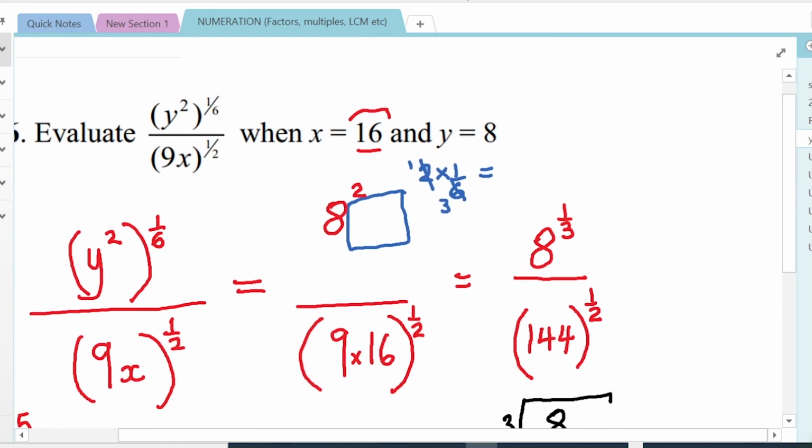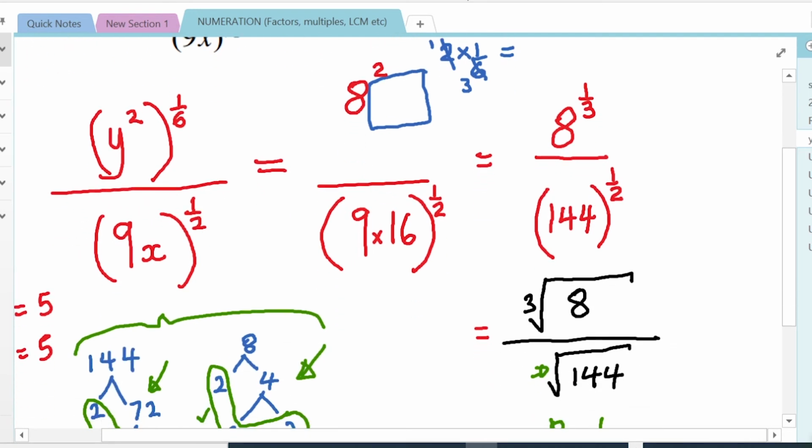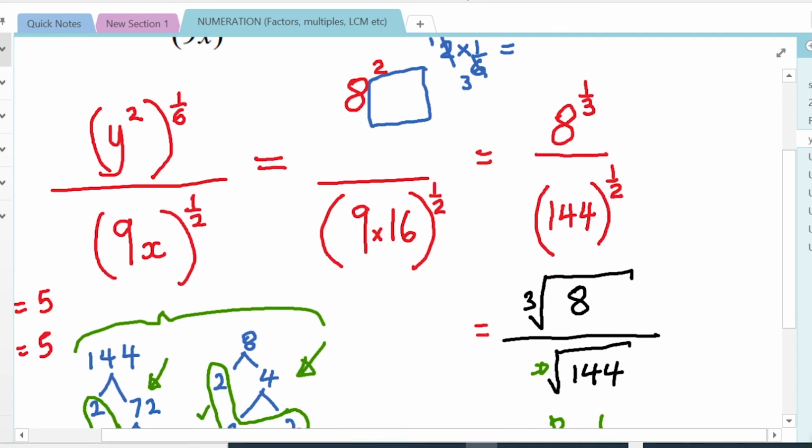So again, to be able to do this one comfortably, you're supposed to be comfortable with the laws of indices, and it goes hand in hand with logarithms, but mostly the laws of indices.